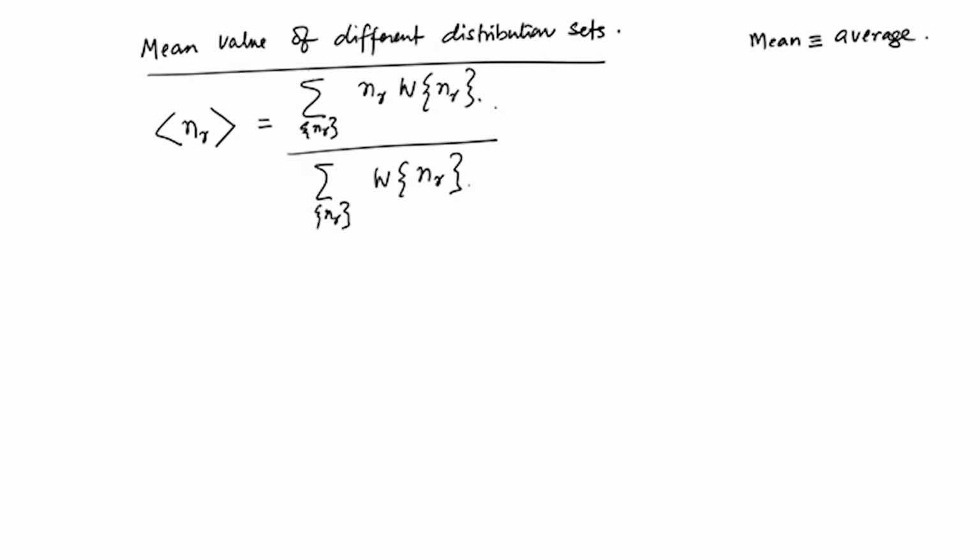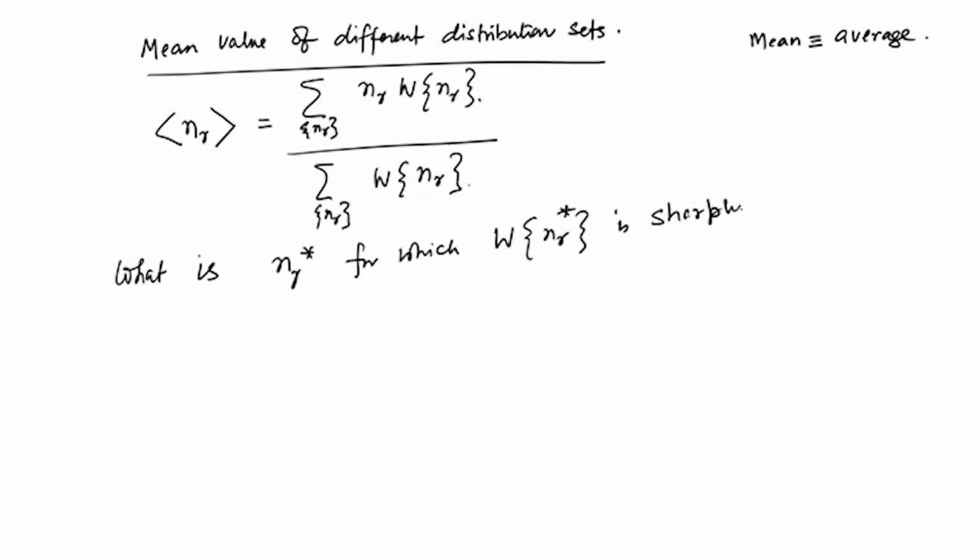So, we want to calculate what is N_R star, for which this W of N_R is sharply peaked. It means the same thing, that what is the most probable distribution of particles.